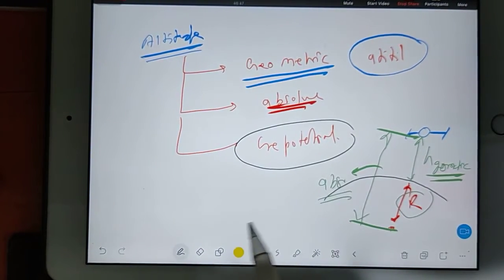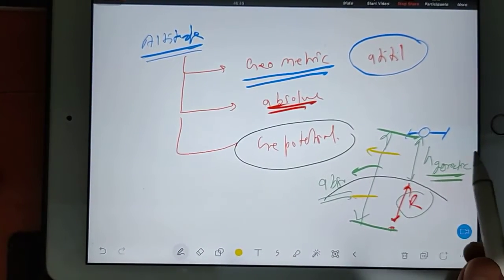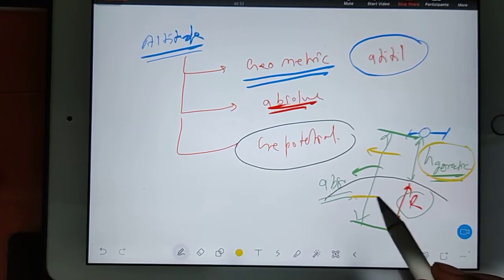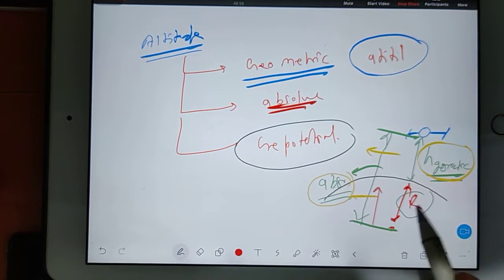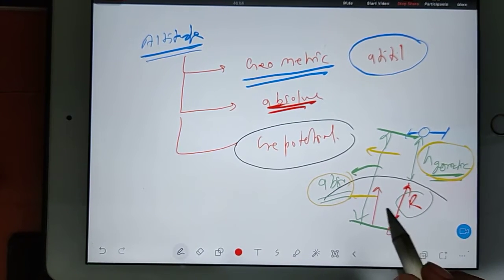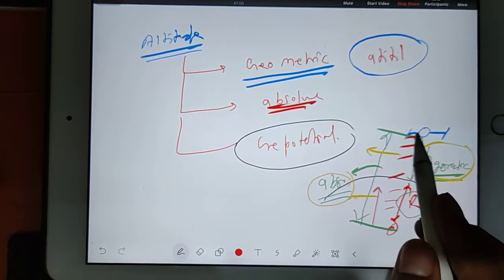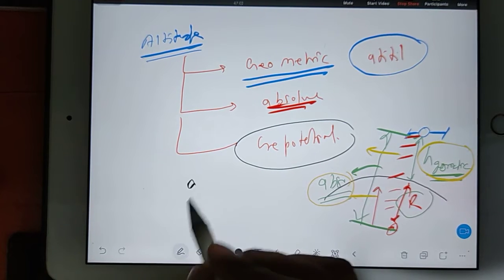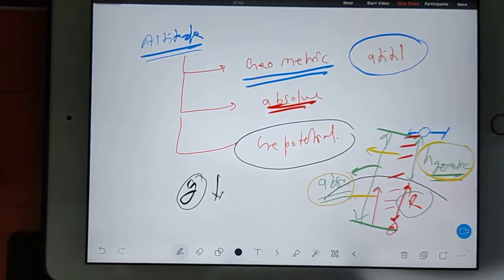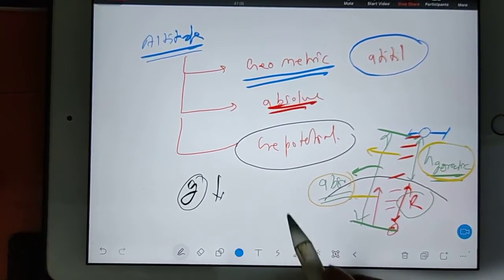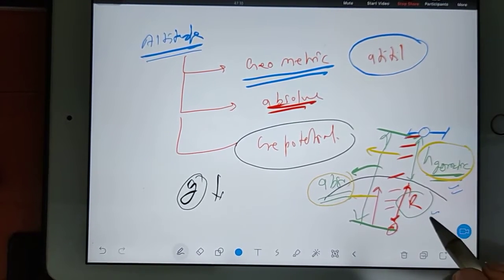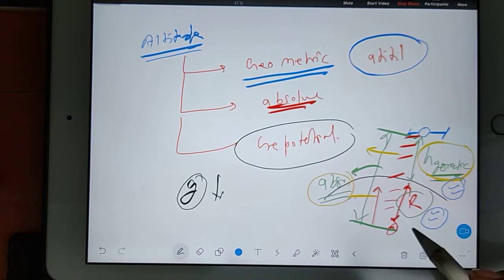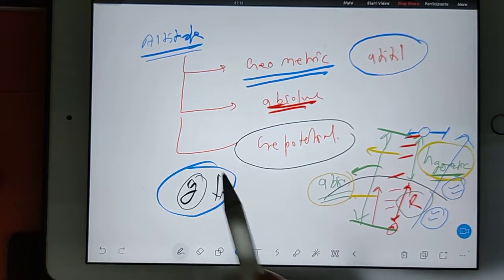In both cases, whether you talk about geometric altitude or absolute altitude, when we go up, we go far away from the center. Then the gravitational acceleration will decrease when we go up. So in case of geometric and absolute altitude, whenever you go up, your G value decreases.